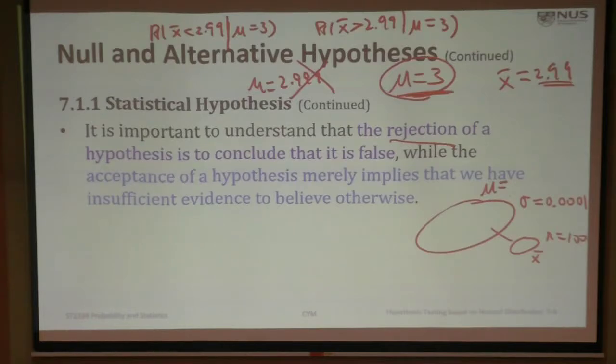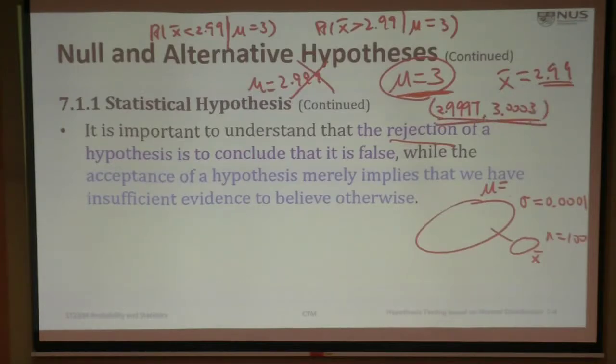The population has a standard deviation that is very, very small. In fact, what does this sigma equal to 0.0001 mean? It means that it's very likely the value of X is around 2.9997 and 3.003.